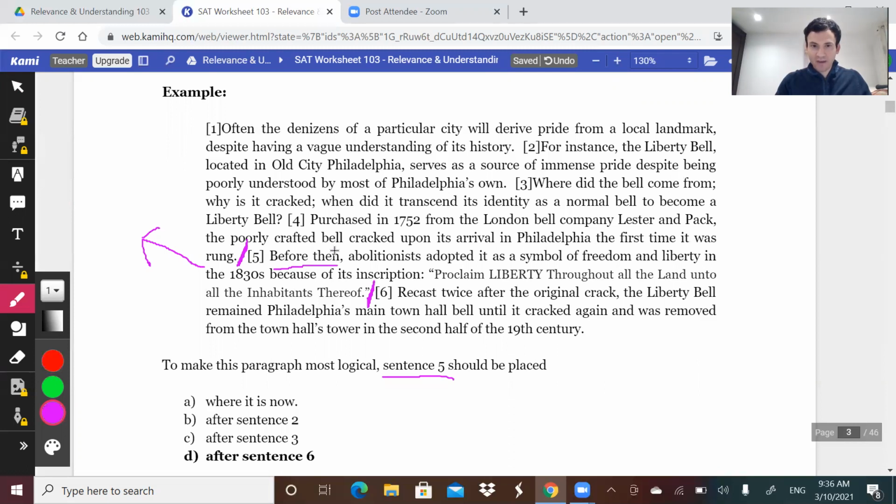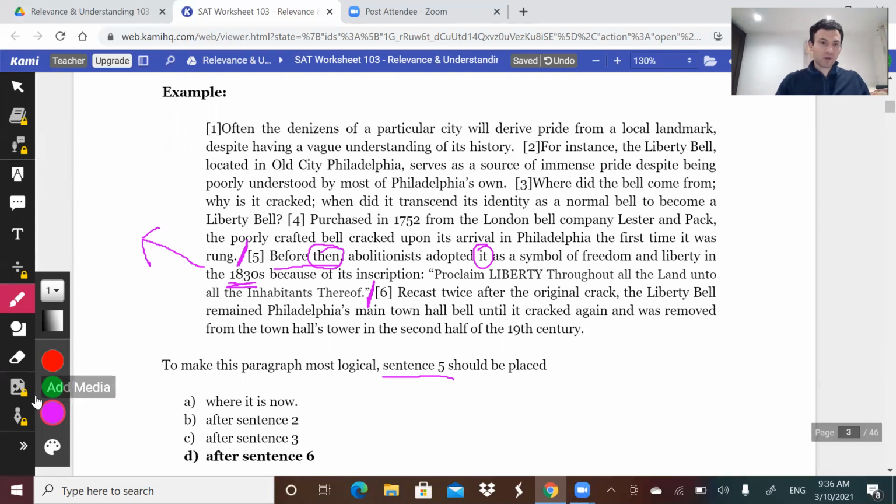So "before then" means sometime. "Abolitionists adopted it," we have to figure out what it is, "as a symbol of freedom and liberty in the 1830s, because of its inscription, 'Proclaim liberty throughout all the land unto all the inhabitants thereof.'" Okay, so as we read this paragraph, "before then" has to be the 1830s.